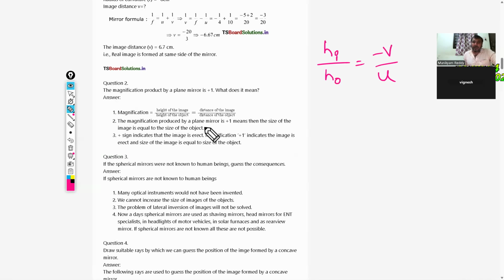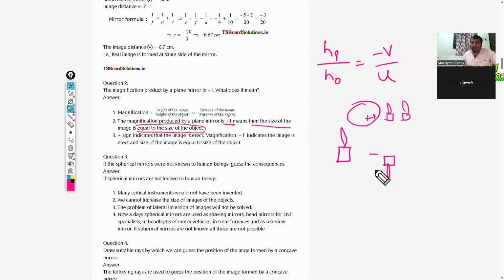The magnification produced by plane mirror is +1 means the size of the image is equal to the size of the object. A plus sign indicates the image is erect, that is straight. A minus sign means it is opposite, inverted.